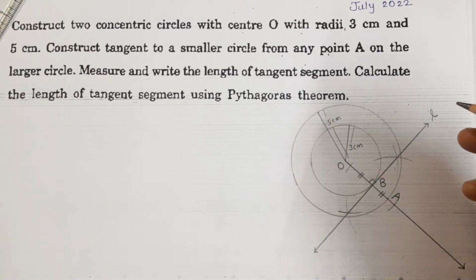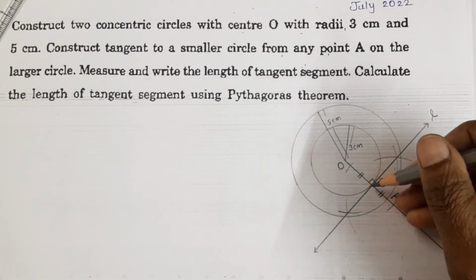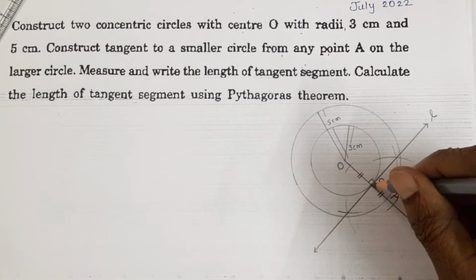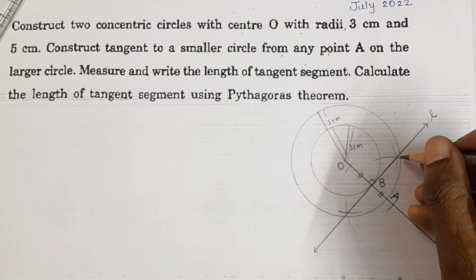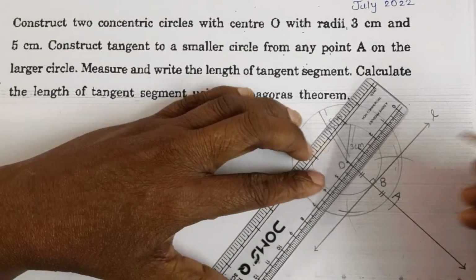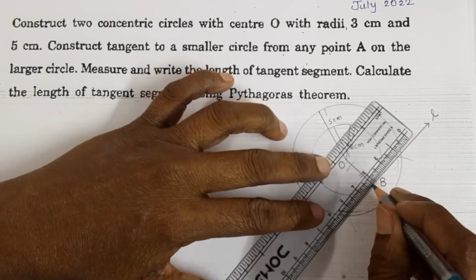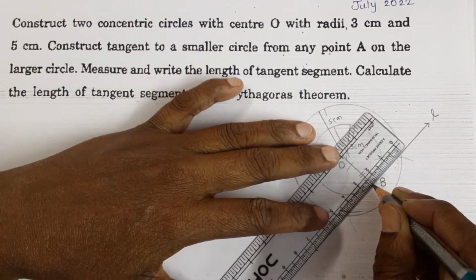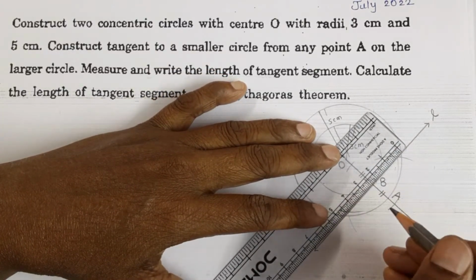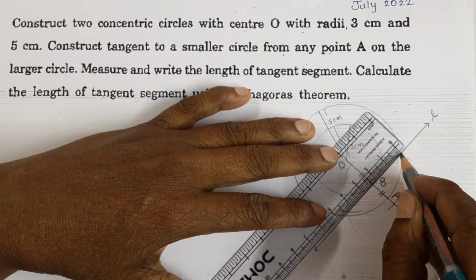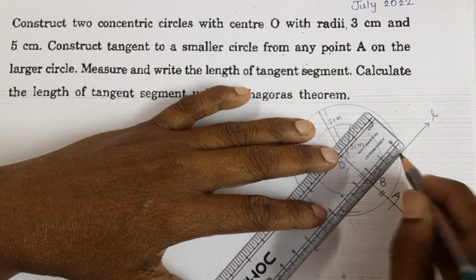Okay students, so here this is the tangent, the length of tangent segment. See student, this distance, you can measure out this distance, from this 2.4 centimeter.